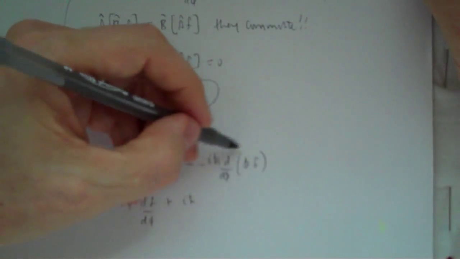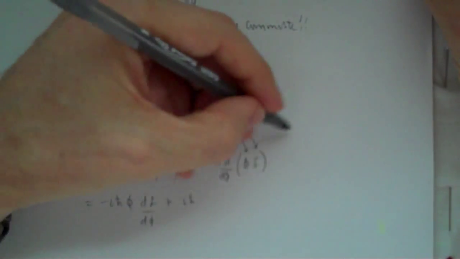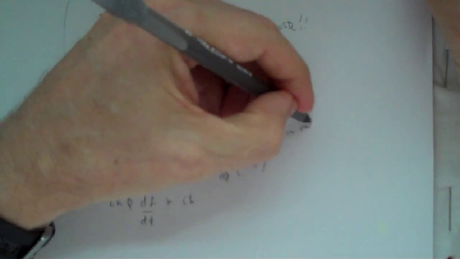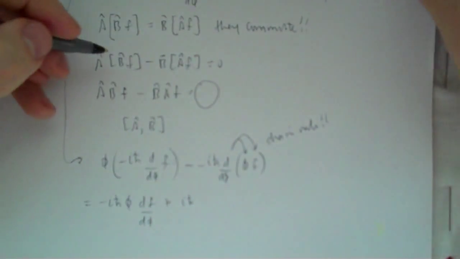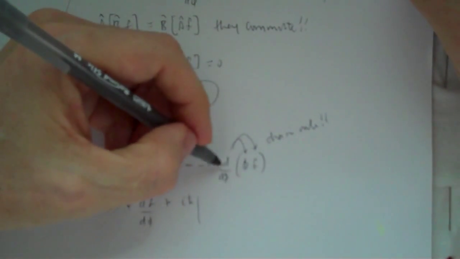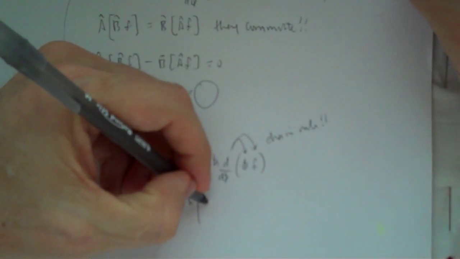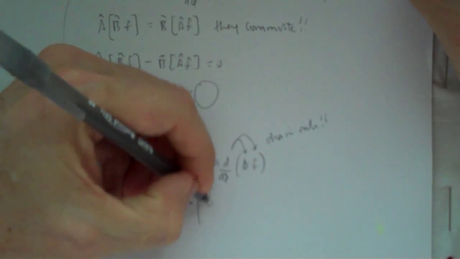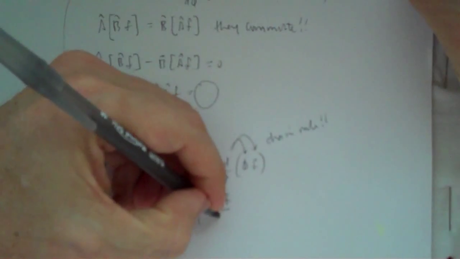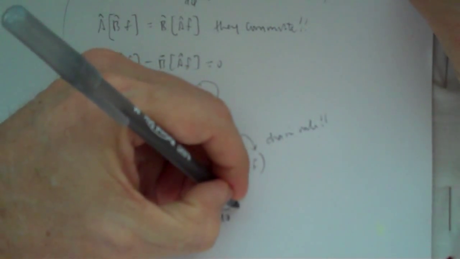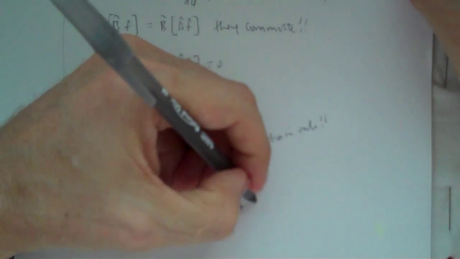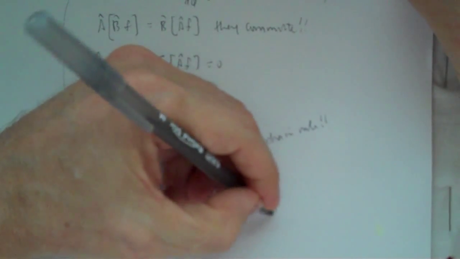Now I've got to use the chain rule for this, right? So the chain rule gives phi df d phi plus f d phi d phi.